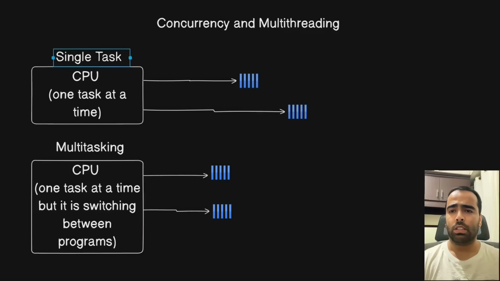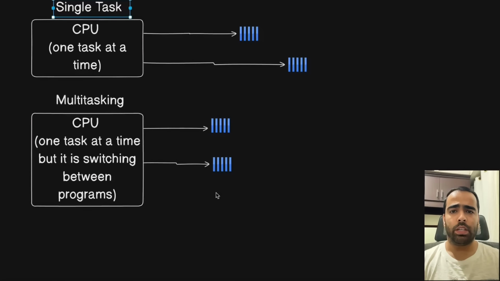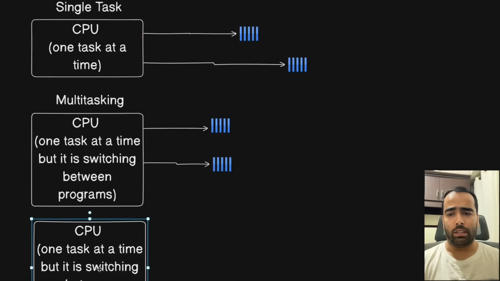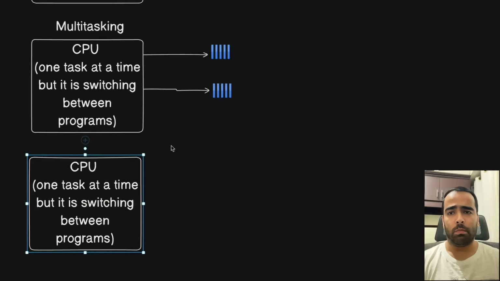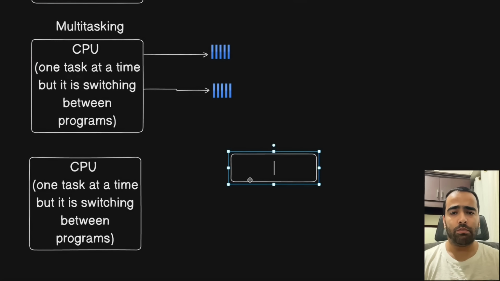After that, the multi-threading concept came into the picture. Again, one CPU can handle one task at a time, so that is okay. But inside the applications, the developers start creating multiple threads, like thread one and thread two.